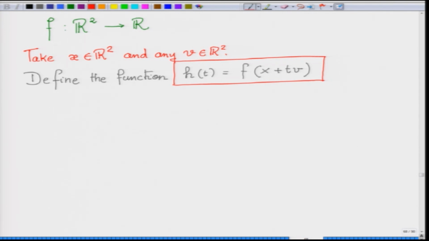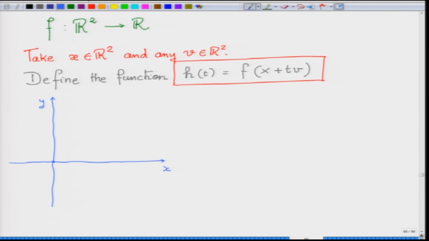So, what is f of x plus t v? Let us understand this whole terminology. I always put things on a positive interval this side, R2 plus, it's just a matter of habit, you can put it anywhere.